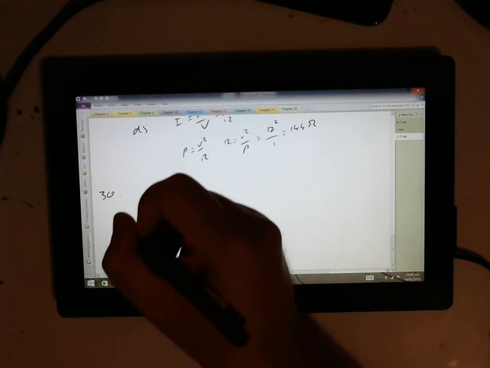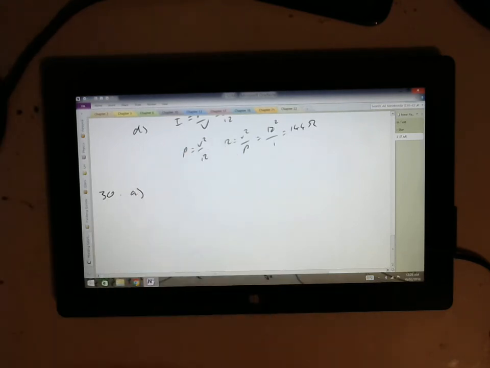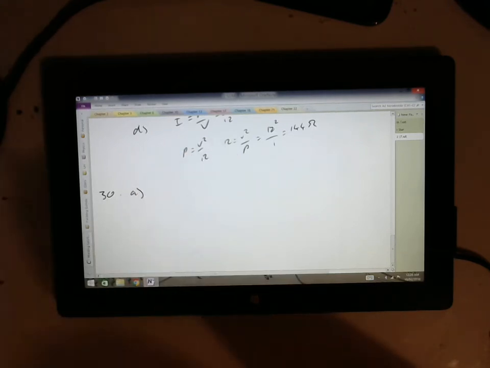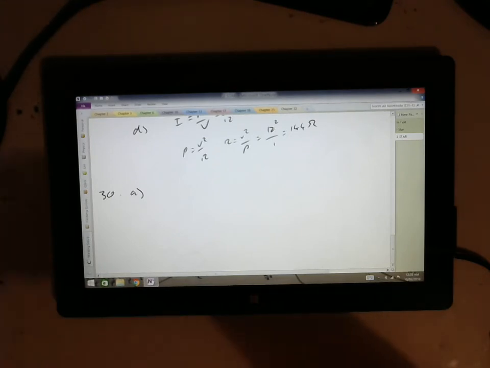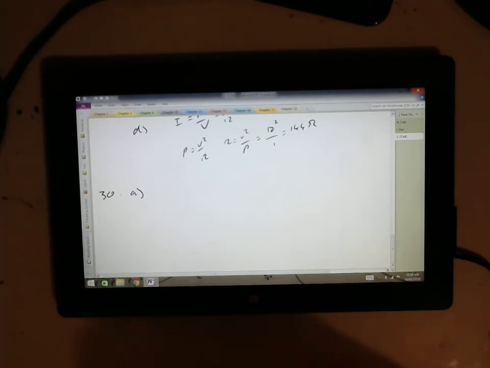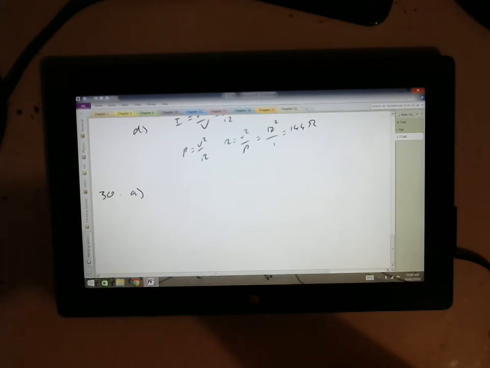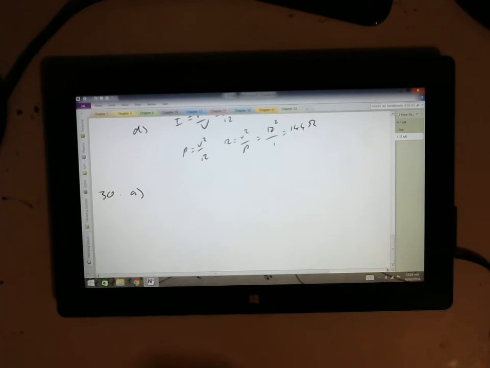So the first question is asking us, what is the ohmic resistor? Now, in a case like this where you're not sure of what a word should mean, you should go back and have a look in the previous part of the text, or do a search for ohmic resistor on Google, or maybe ohmic resistor graph, because you know this question is involving a graph. You would find out that ohmic resistors always appear as straight lines when plotted for voltage against current, until they hit their limit and then they blow up.